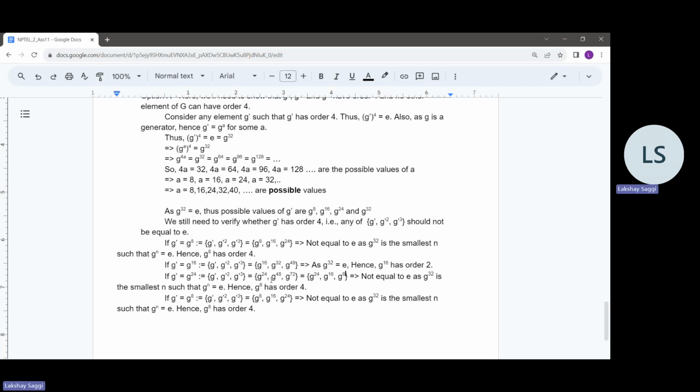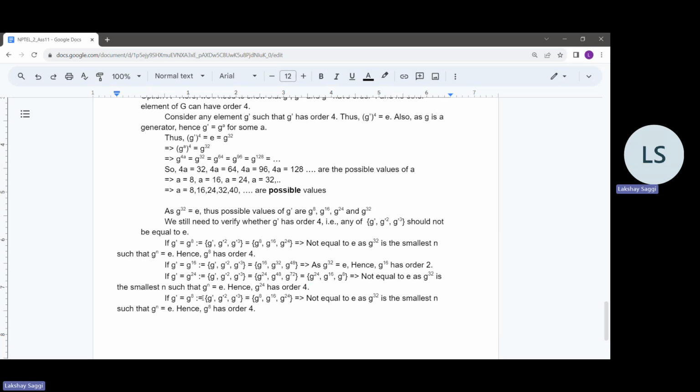I'm taking modulo 32 because g to the power 32 is essentially equal to e. Now all these are not equal to e, as g to the power 32 is the smallest. So hence g to the power 24 has order 4.